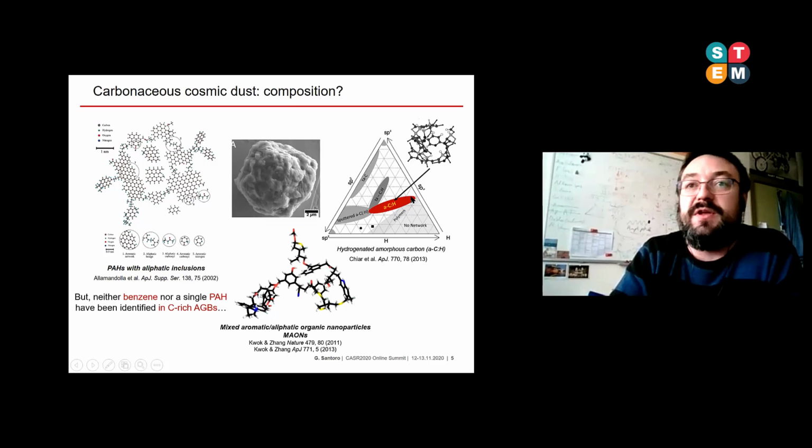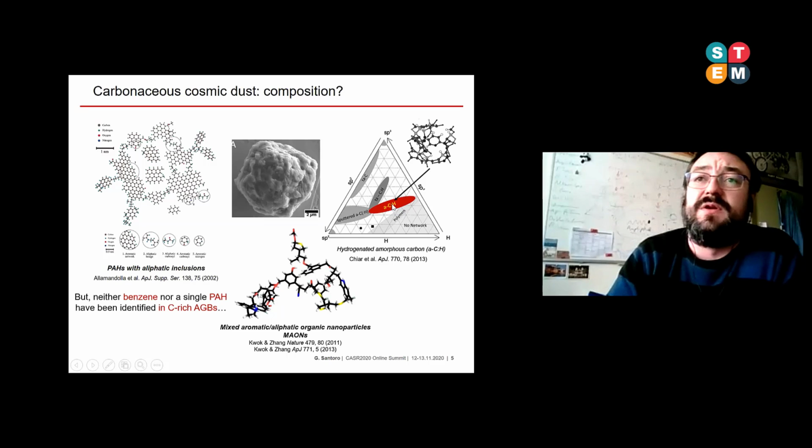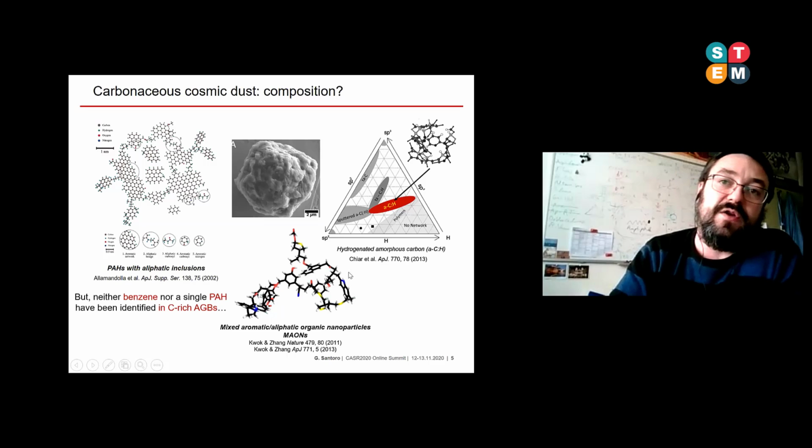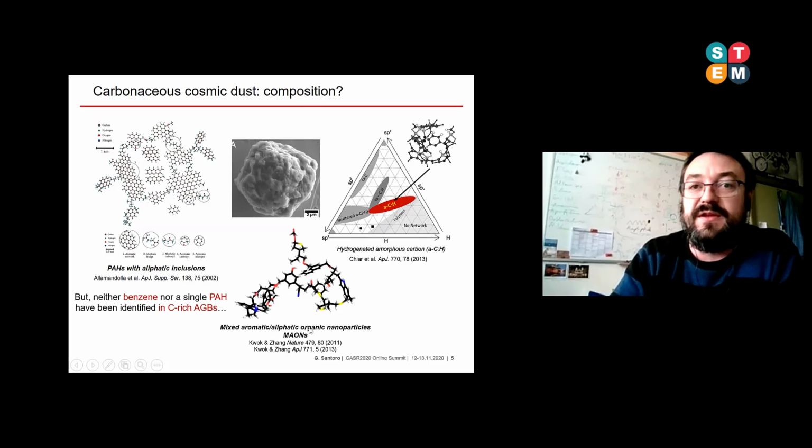Most probably, some authors suggest that it is formed by amorphous hydrogenated carbon, a complex amorphous mixture of carbon in sp2 and sp3 configurations with different degrees of hydrogenation. Also, materials called mixed aromatic-aliphatic organic solids have been proposed.